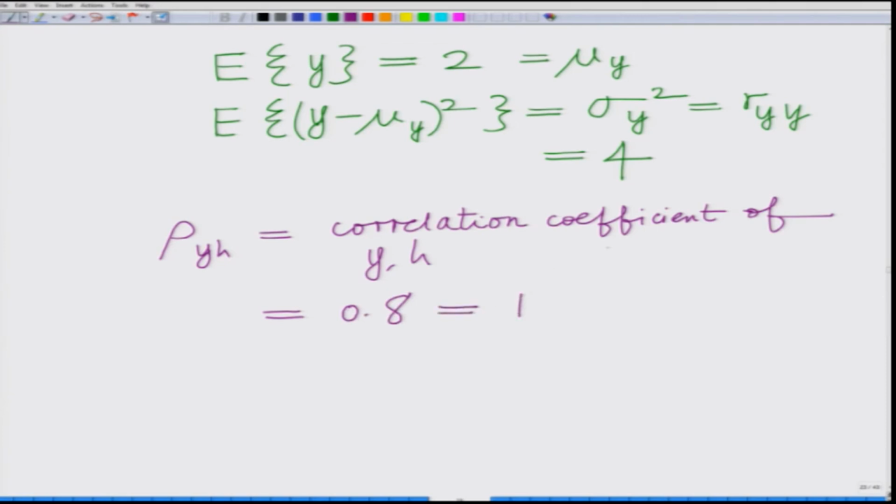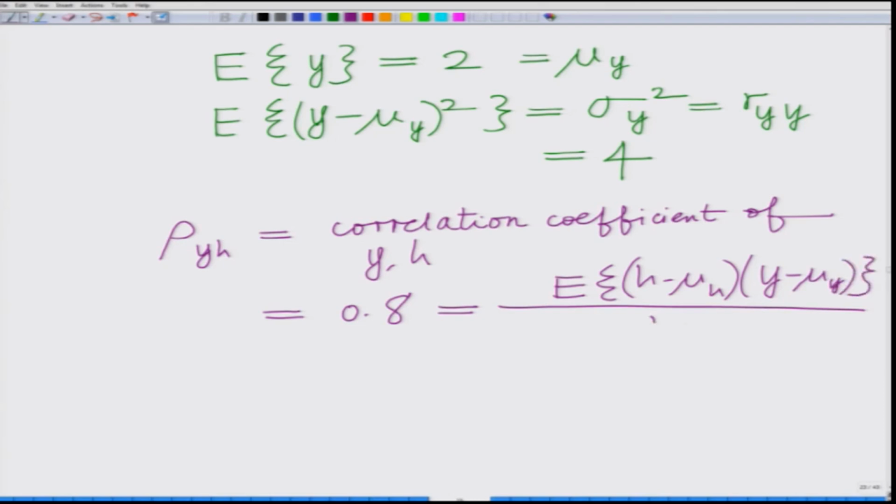Remember the definition of the correlation coefficient: it is the expected value of (h minus mu h) times (y minus mu y), divided by sigma h into sigma y, in the scalar scenario. From this correlation coefficient, I can derive the covariance.